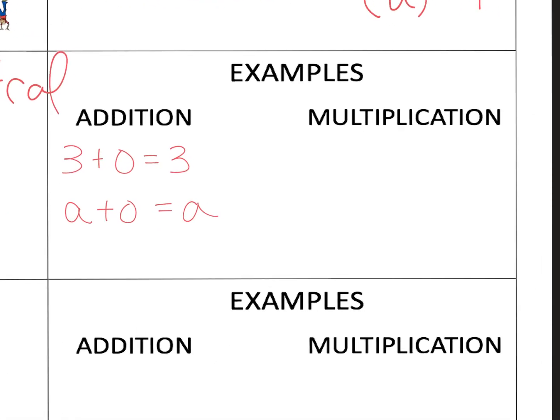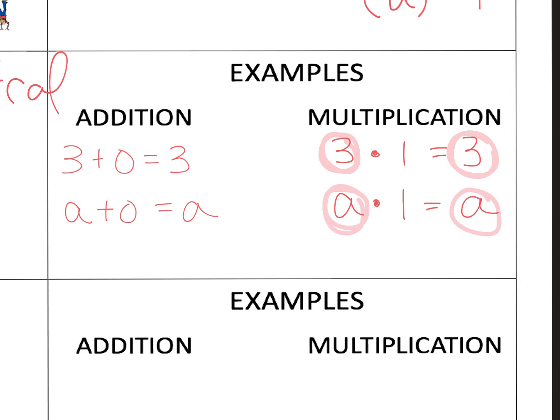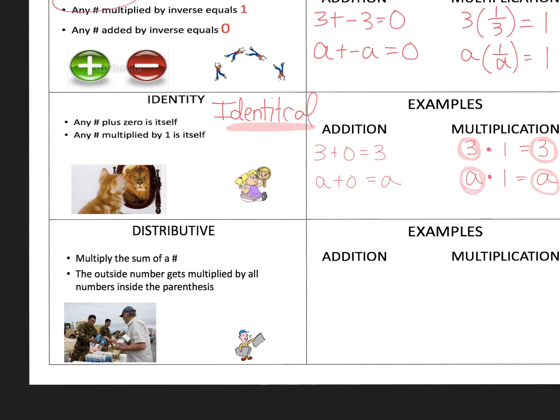Multiplication, we start and end with the identical thing. So 3 times 1 would give me 3, or A times 1 would give me A. All right, start and end. What I mean by that is we started with 3, we ended with 3. We started with A, we ended with A. So identical, start and end with the identical thing.